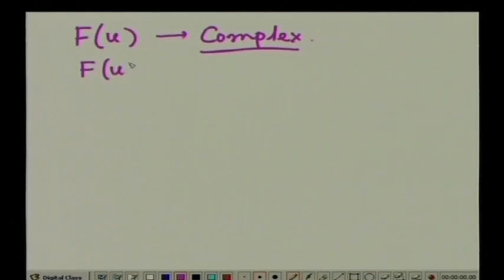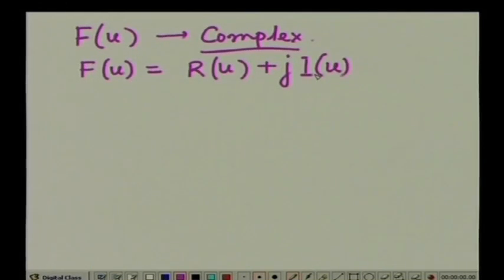Because F(u) is a complex function, we can break it into the real part, which we write as R(u), and the imaginary part, which will be I(u). So this F(u), which in general is a complex quantity, is broken into the real part and the imaginary part.